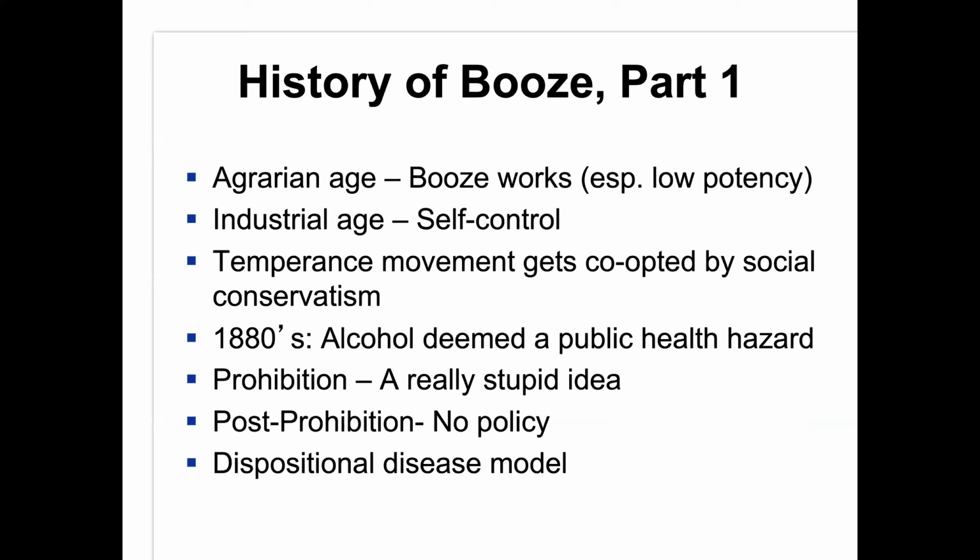Things started to change for excessive alcohol use with the onset of the industrial age. By the mid-1800s, more and more people of the Western world were living in urban areas and working in factories. Whereas a low-level buzz was compatible with agrarian work, it certainly didn't do anything for one's productivity or safety in the factory.